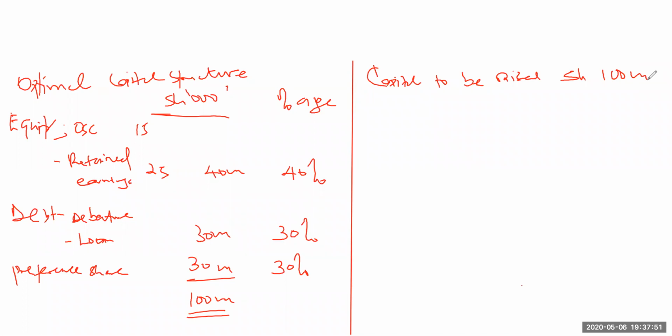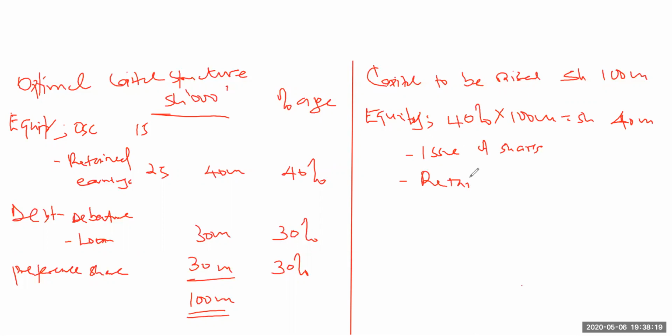10 million. Which means the capital to be raised from equity, the proportion of equity as per the capital structure, is 40% of 100 million, to give us 40 million. So 40 million comes from equity, and equity is in two: we have the issue of shares, and you have the use of retained earnings.